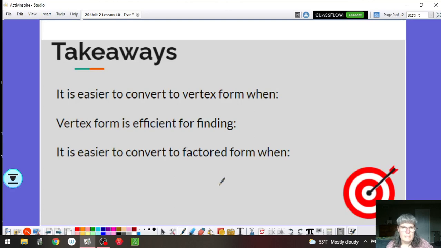So some takeaways. It is easier to convert to vertex form when it isn't possible to factor. Vertex form is efficient for finding the vertex and y-intercept.